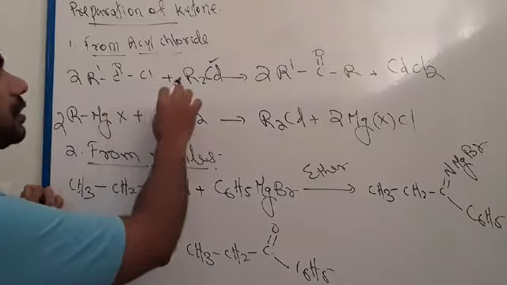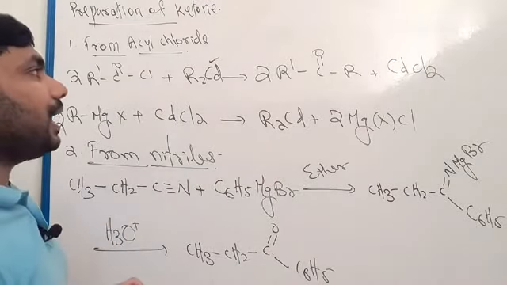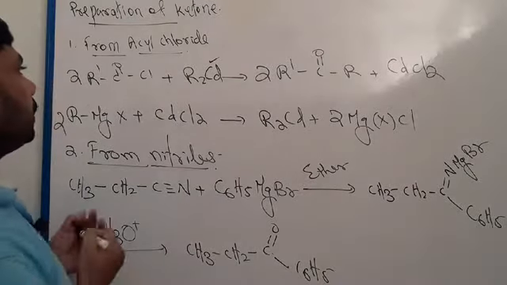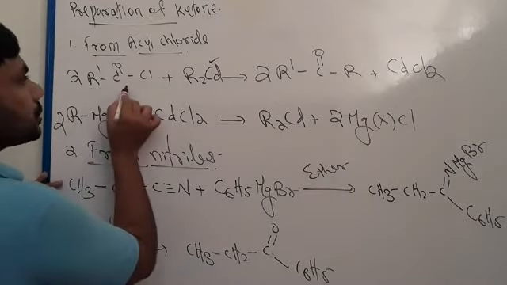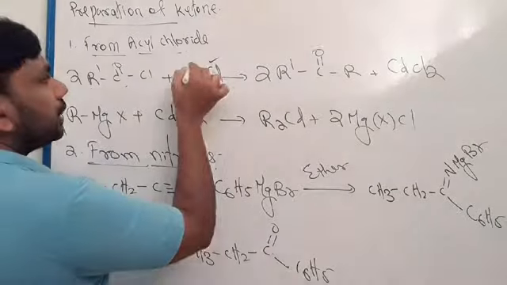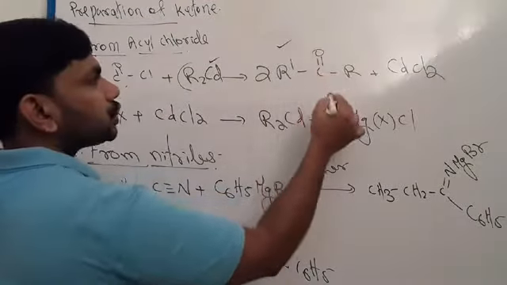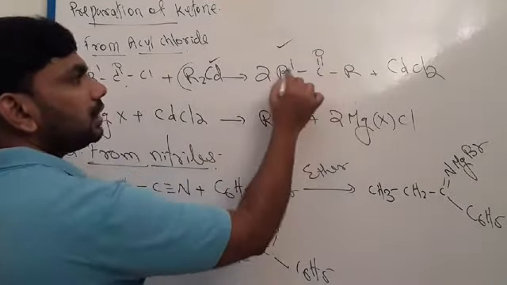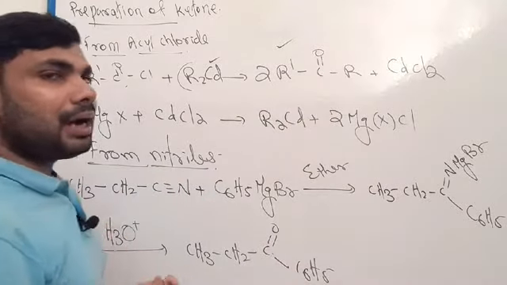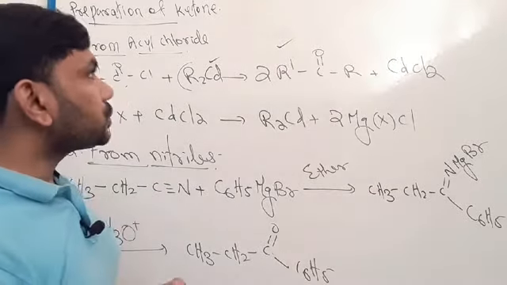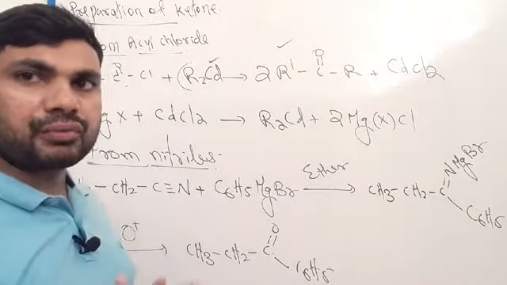So here acyl chloride reacted with dialkyl cadmium. Here look, RC double bond oxygen, and then this R will join over here, then it will be ketone, carbon double bond oxygen, each side there will be alkyl group. This is ketone. So here first preparation of ketone.